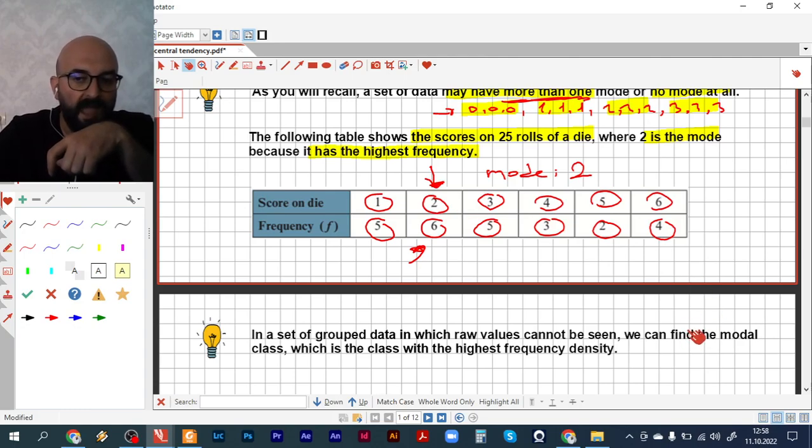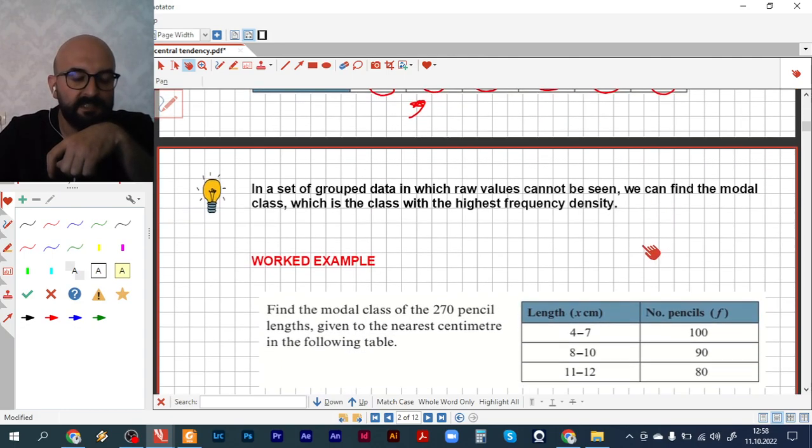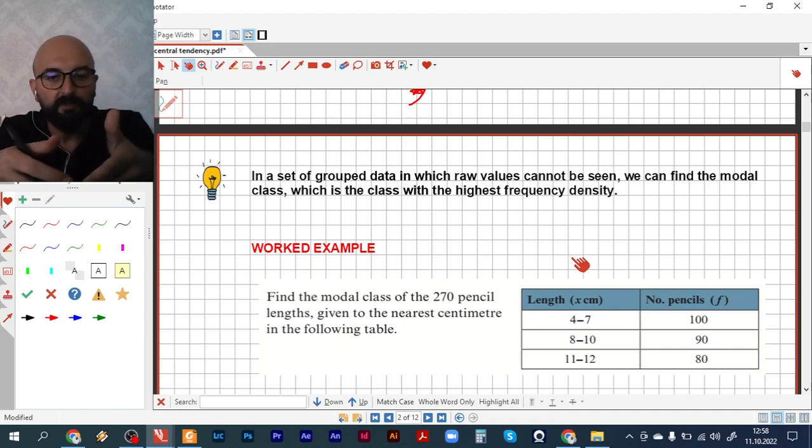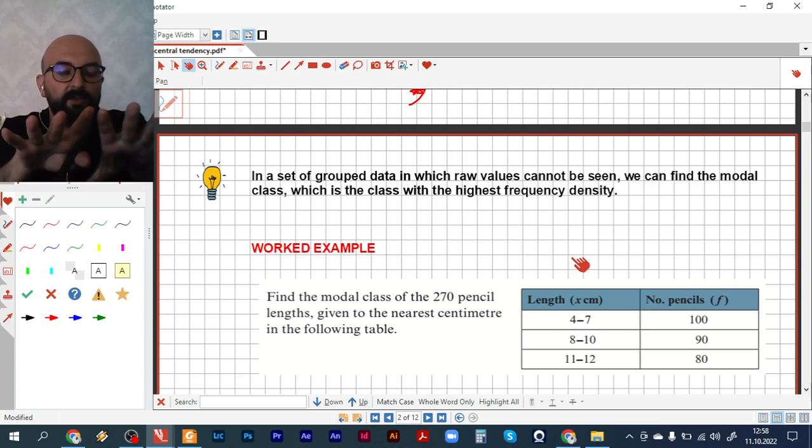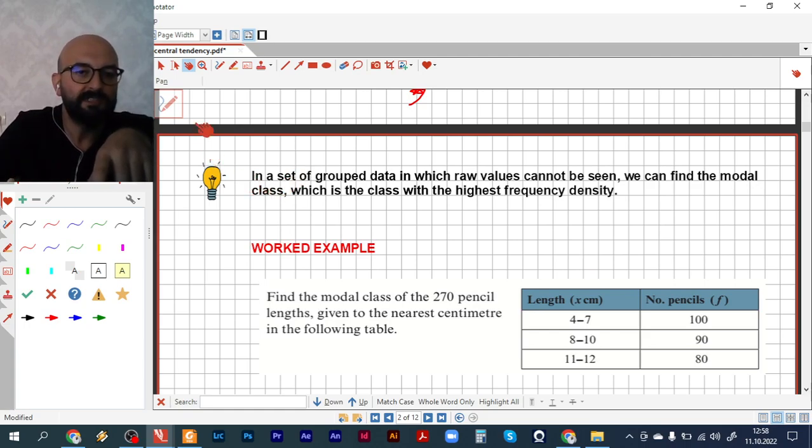If you have a frequency density, how will you find a mode? But in the first step, don't forget, it's called no mode. In frequency density, it's called modal class.